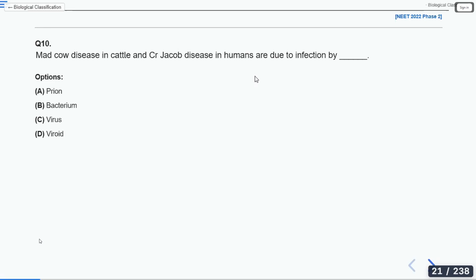Pathogen. See, if someone is asking you to define a prion, how will you define it? Okay, it can cause neurological disorder. I'm not asking about what it will cause. What is a prion? Define prion. Infectious protein particle without DNA or RNA. Okay.